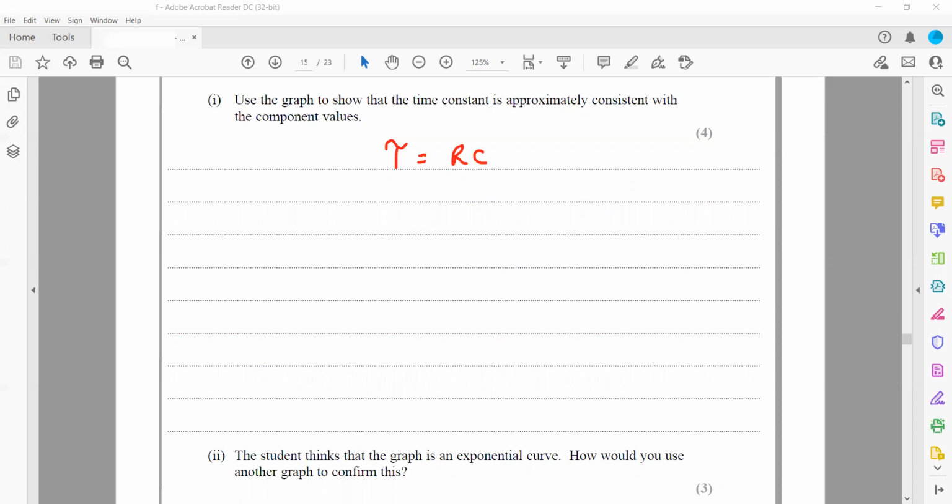The resistance was given in the question, that is 3 into 10 to the power 5, and the capacitance is given in the first part.